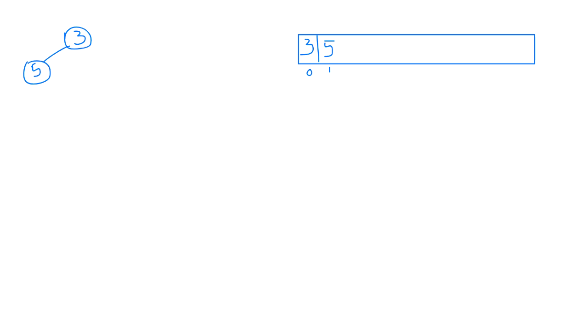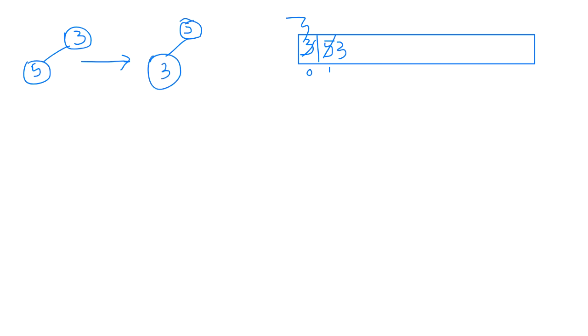What we're going to do is compare 5 and 3. Since we have a father and a child, and the child is bigger than its father, we're going to do the swap. So this becomes 3, and this becomes 5. So after calling the heapify, this 3 is going to switch with this 5. So the 5 is on the top, and then 3 is coming here.